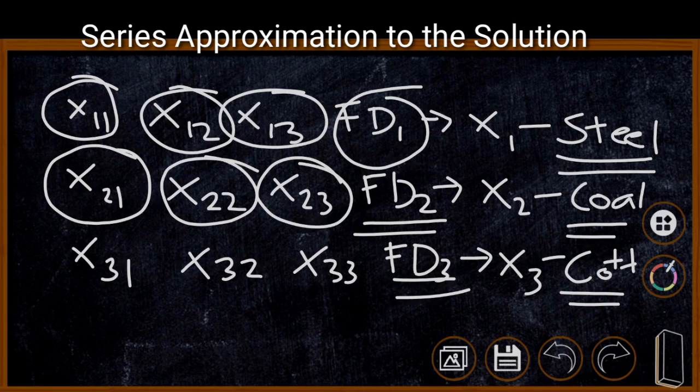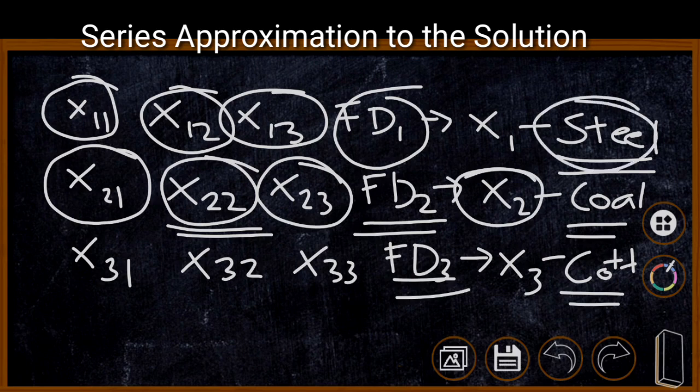In other words, the output of a particular sector is distributed to various sectors not directly but as a series, because in order to produce a particular level, for example x22, the x2 sector requires a particular amount of steel.